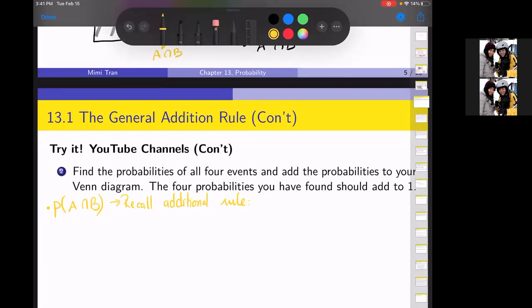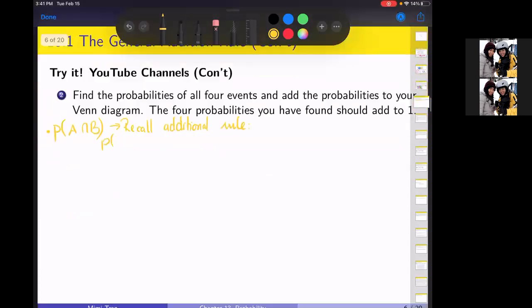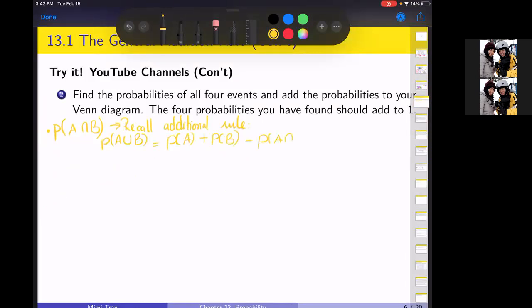I have P(A or B) equal to P(A) plus P(B) minus P(A and B). Well, I want A and B, so P(A and B) is equal to P(A) plus P(B) minus P(A or B). This is simple math. You should be able to do that.